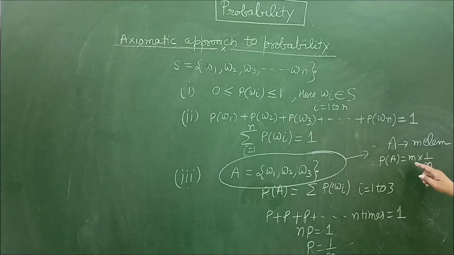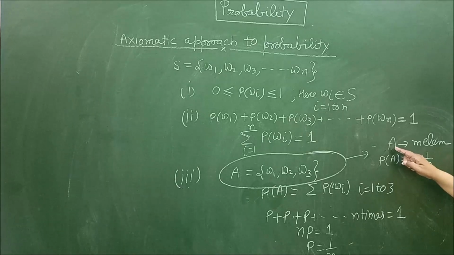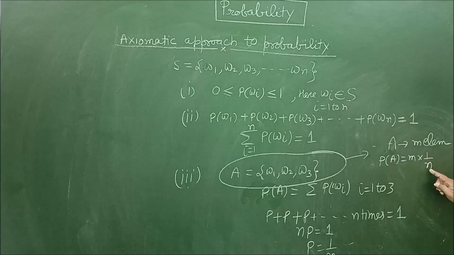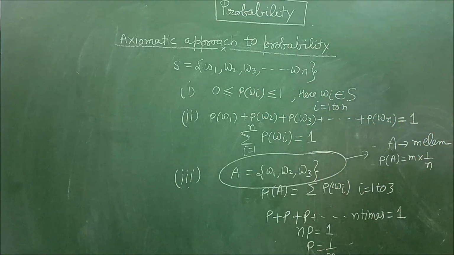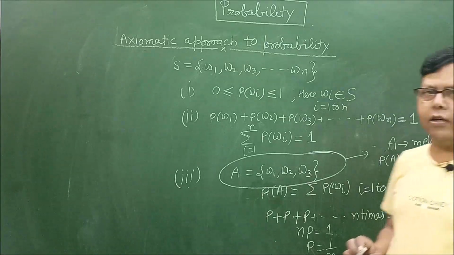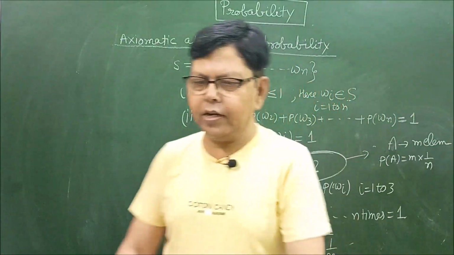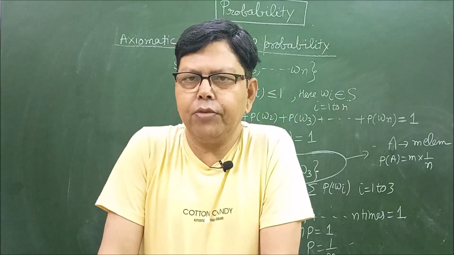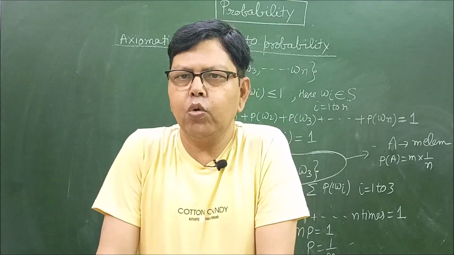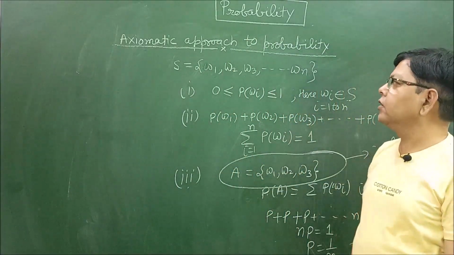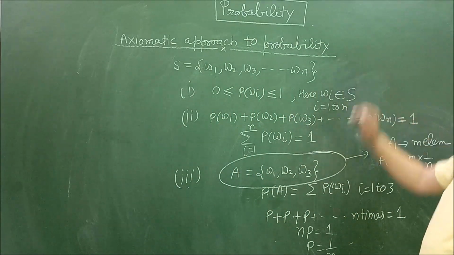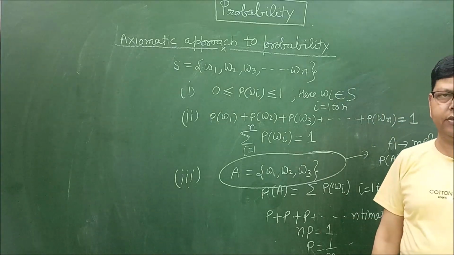So what is m? m is the number of elements favorable to the event A, and n is the total number of outcomes. So we can conclude that the probability of the event A is equal to the number of favorable outcomes upon the total number of outcomes. So with this, this topic, the axiomatic approach to probability, is over.